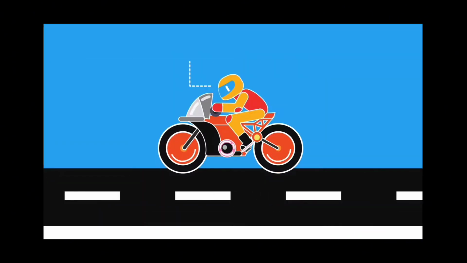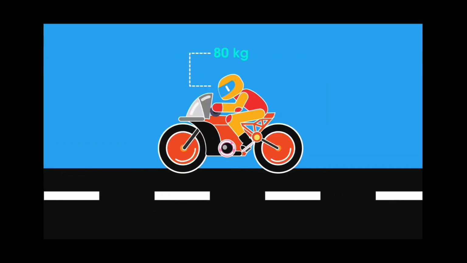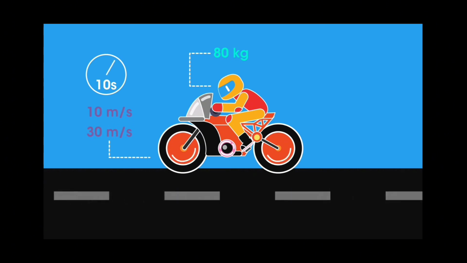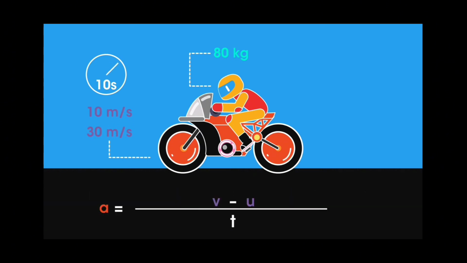A motorbike of a mass of 80 kilograms increased in speed from 10 meters per second to 30 meters per second in 10 seconds. What size force acted on the bike? First, we must calculate the acceleration of the bike using the formula.